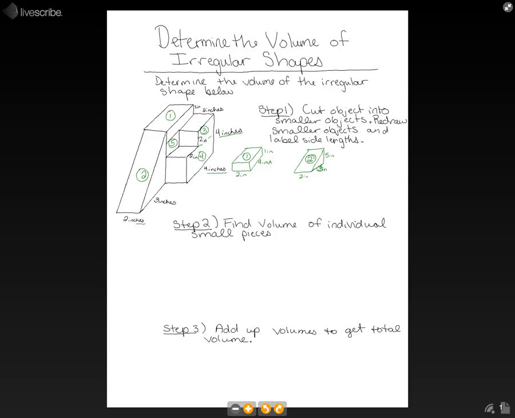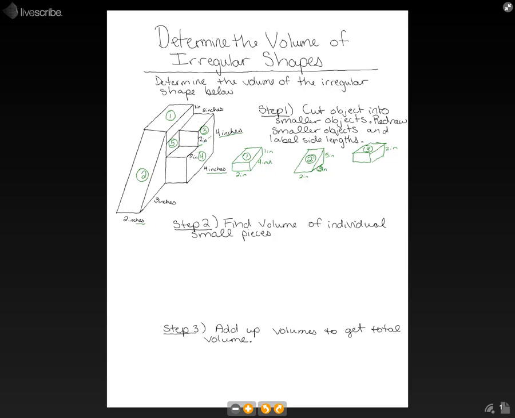So shape number 3 we have is that little box. And we can see here it tells us it's 2 inches tall. It is going to be 2 inches deep.